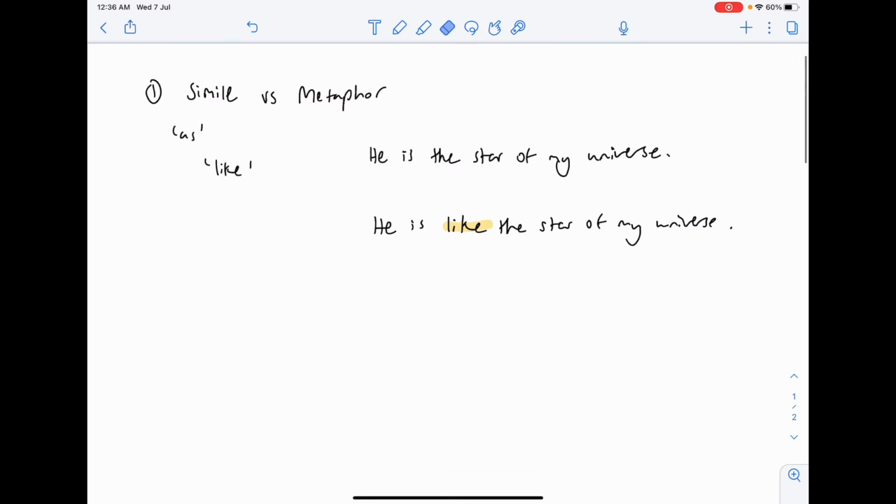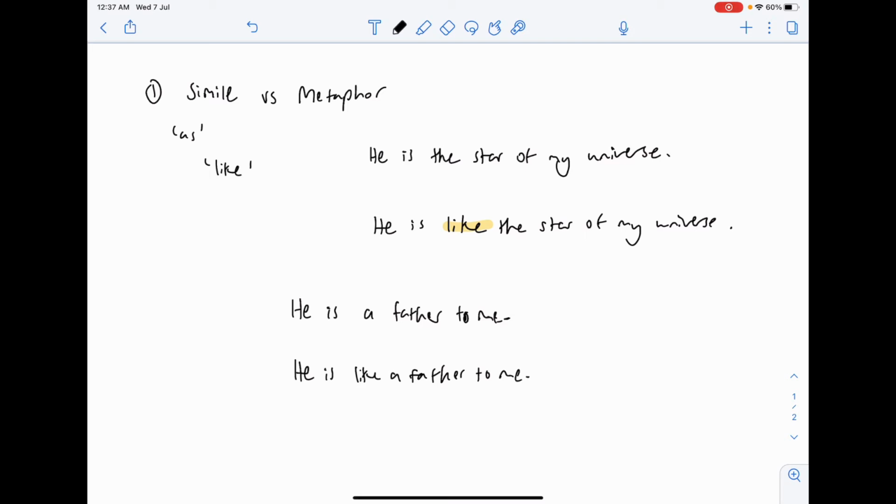Now, just imagine, let's put it in a non-metaphorical context just to understand a bit more. He is a father to me versus he is like a father to me. So this is not a metaphor.